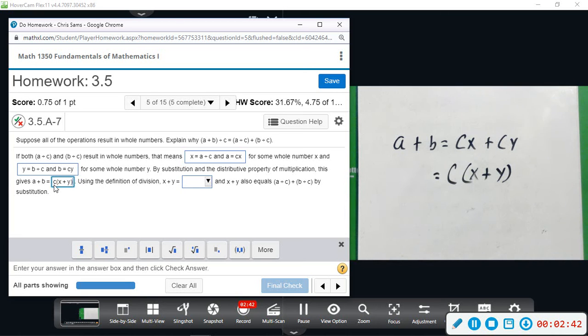Okay, and then it says using the definition of division, X plus Y. Okay, so we already know what X plus Y is.